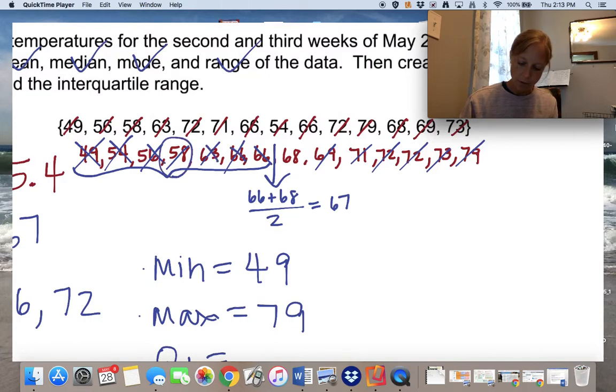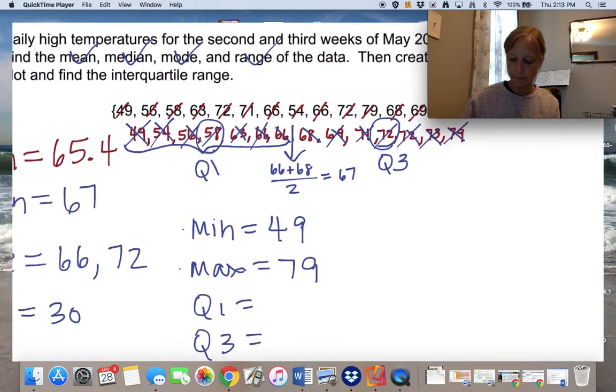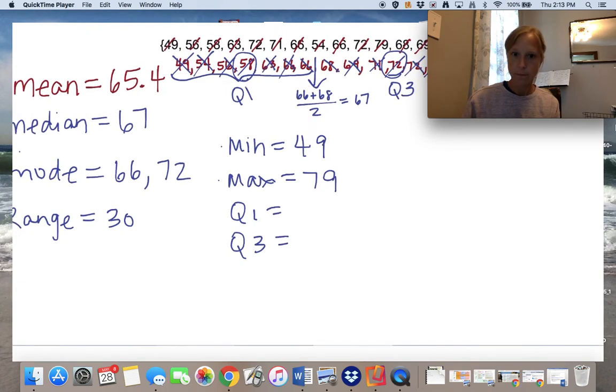So right here, 58 is my quartile 1. 72 is my third quartile. I now have the information necessary to create my box and whisker plot.